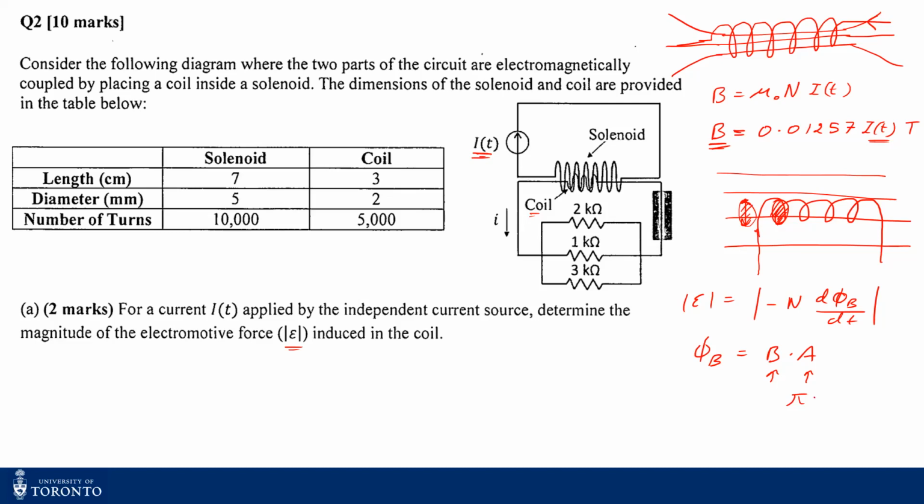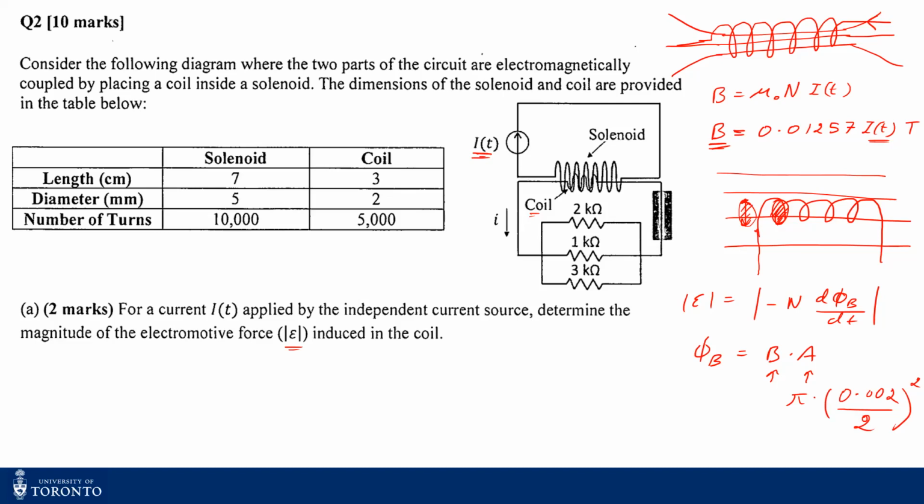In this case, the diameter is given in millimeters, so you have to convert that into meters. So that has to be 0.002 divided by 2 squared, right? That's the diameter by 2, the radius, squared, in meters.